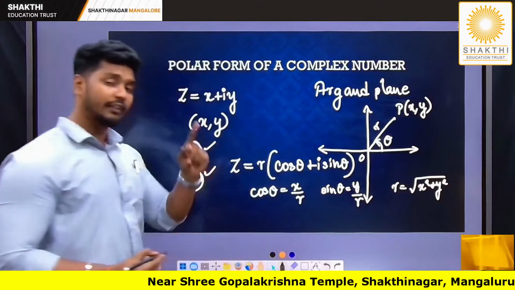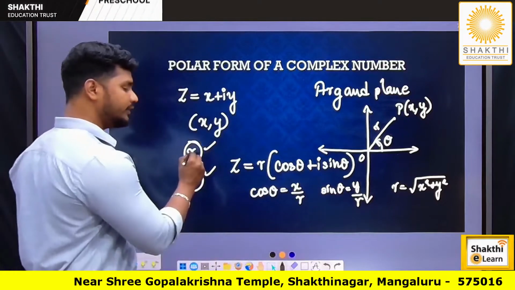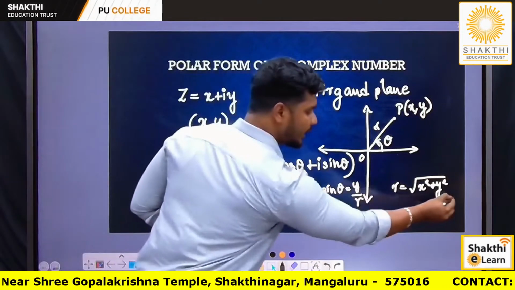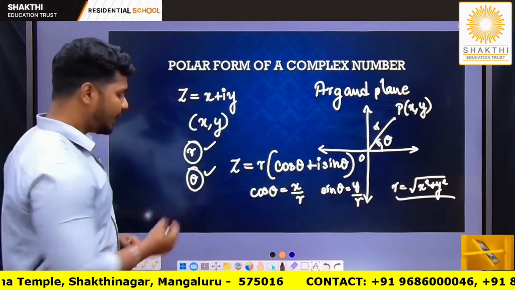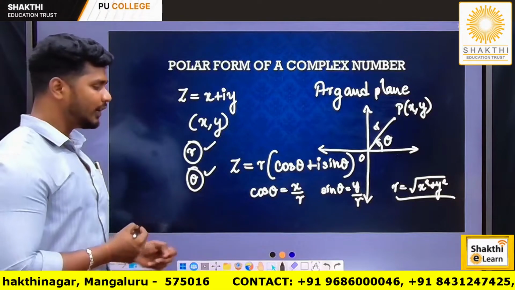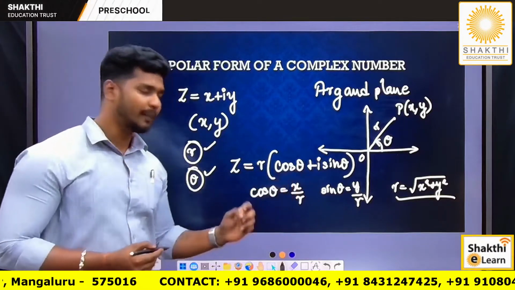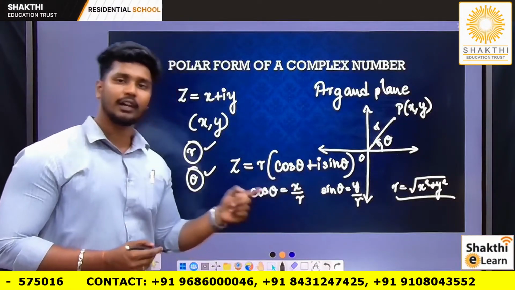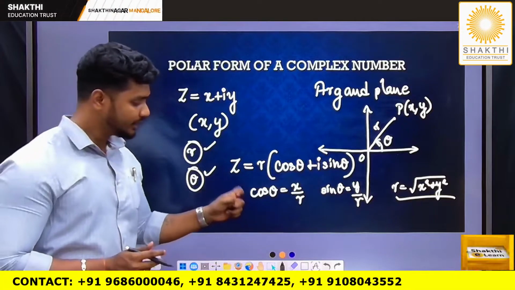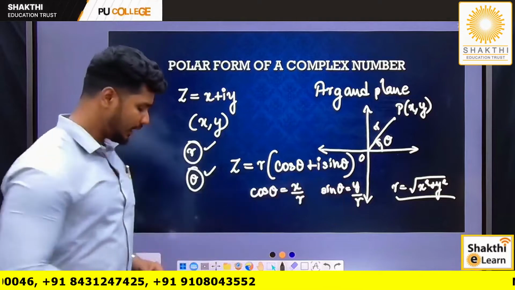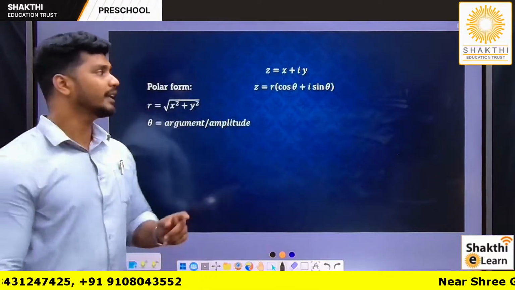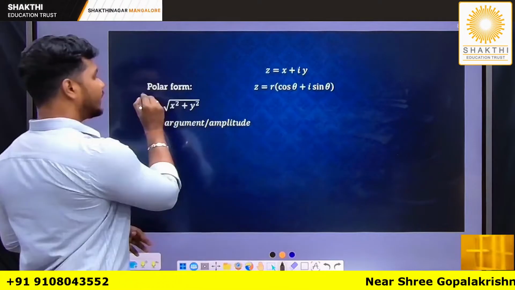The values that we have to keep in mind here are the modulus, that is r, the value of r is under the root x square plus y square, and theta. To find theta, I'll have cos theta and sin theta. By comparison, I'll get the value of theta here. Once again, cos theta will be equal to x by r and sin theta will be equal to y by r. I told you the complex number is in the form z is equal to x plus iy.